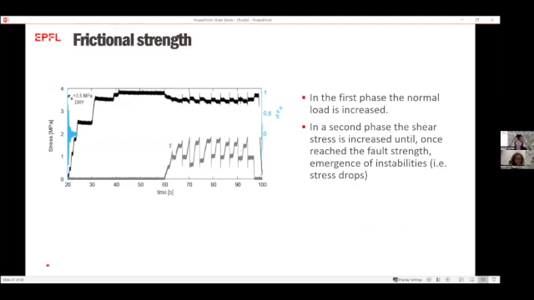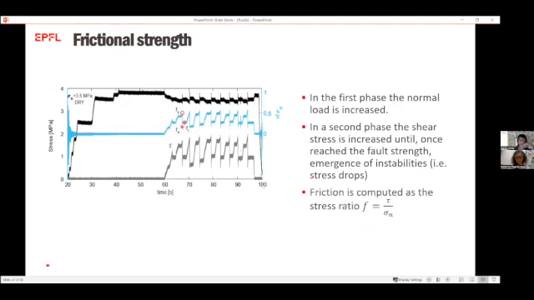As you can see here on the left, in black, the applied normal stress, and in gray, the applied shear stress. Each of these drops is what we consider a rupture and a laboratory earthquake. To compare the frictional strength of all our ruptures, we computed what we call here friction, which is just a ratio between the shear stress and the normal stress, and which of course follows the same evolution as the shear stress.